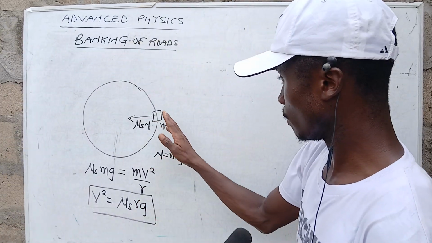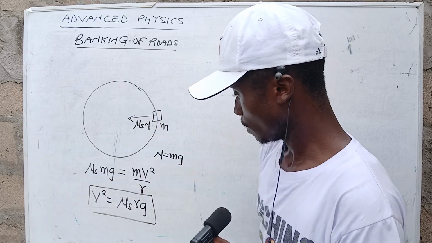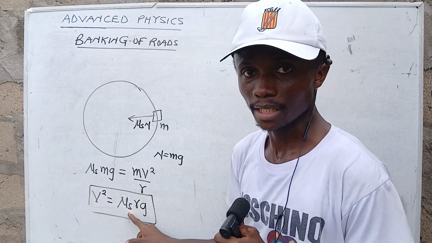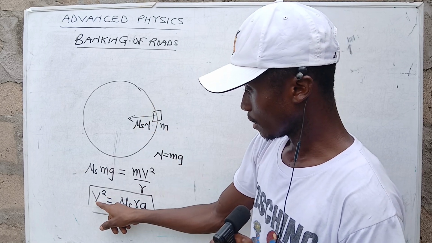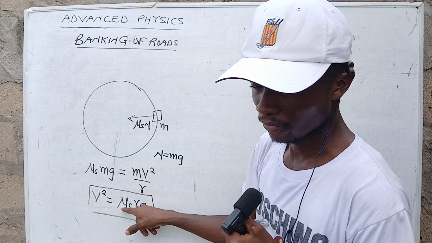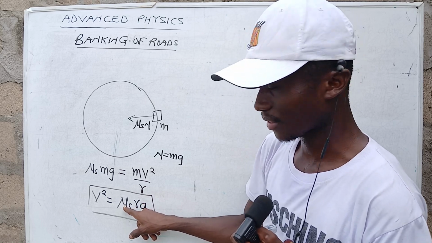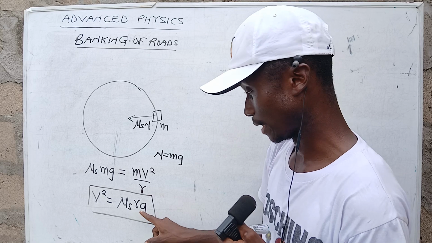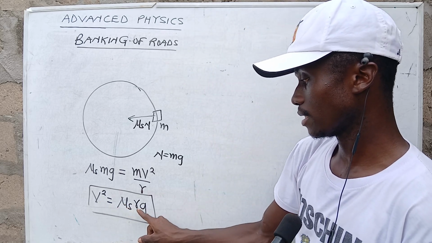So for a car to be able to negotiate this curve, a roundabout, this equation should be satisfied. At every point on the circumference, the tangential speed squared should be equal to the coefficient of static friction times the radius of the circle times g. So v squared is equal to mu s r g.